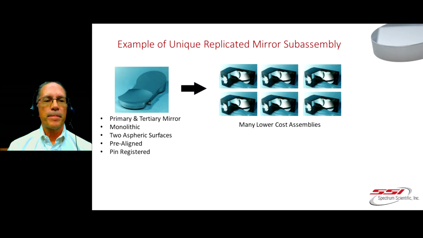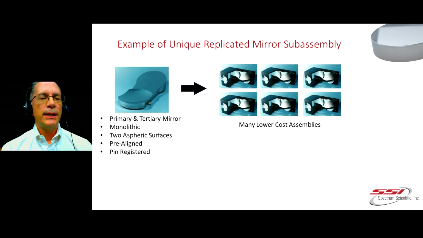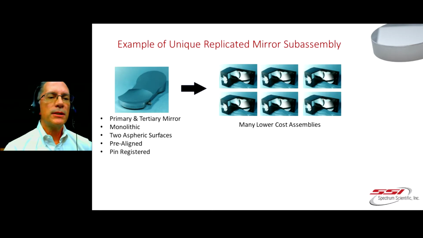That was probably diamond turned, and what's nice is these two mirrors were pre-aligned already when they were first made, and as it's replicated, you're replicating the alignment of the two mirrors at the same time. So it's a monolithic structure, has two aspheric surfaces. They're pre-aligned to each other, and they're pin registered.